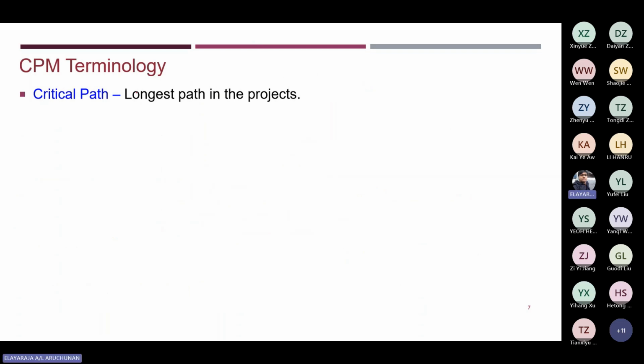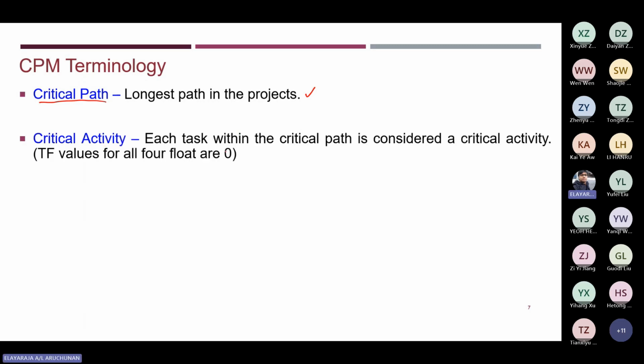Now, critical path. I'm sure you all know about the critical path. The critical path is the longest path in the project, which we already covered in the last lecture. Every activity in the critical path we call a critical activity. You must remember that the values for all four floats are 0.